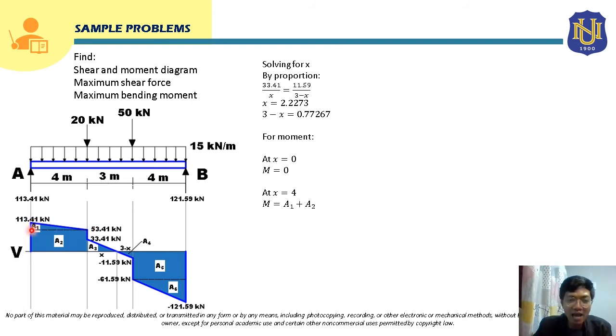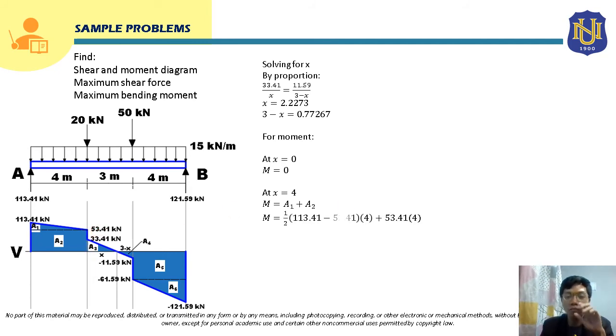The height of this triangle is 113.41 minus 53.41. That is the height, because 113.41 is the height from here to here, and the height that we need is just this height. Its base is 4 meters. For this rectangle, area 2, the base is 4 meters and its height is 53.41 kilonewton.